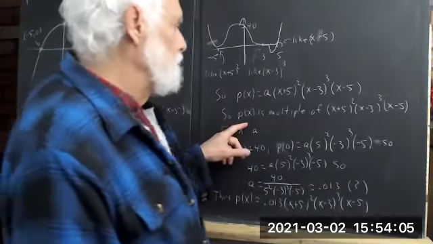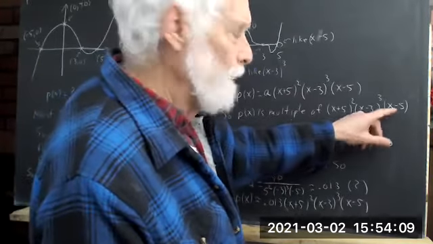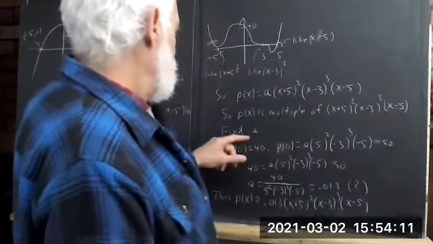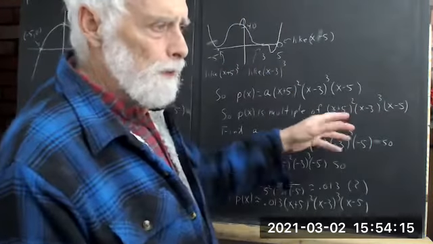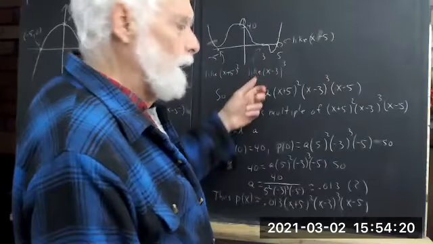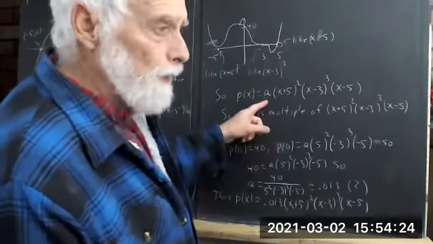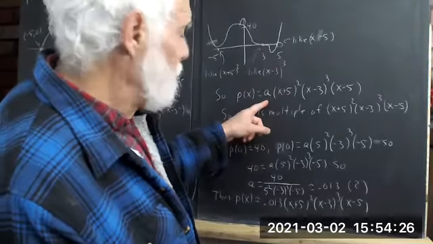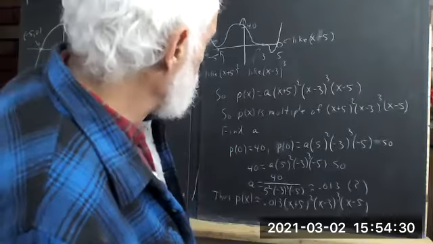Thus, P of x is some multiple of these three factors, and A is going to be your multiplier. Now, just like in the previous example, where we found that you had to multiply by 40 over 75, here we're just going to put A in there, and we're going to solve for A. We could have done that on the other one. We would still have gotten 40 over 75.